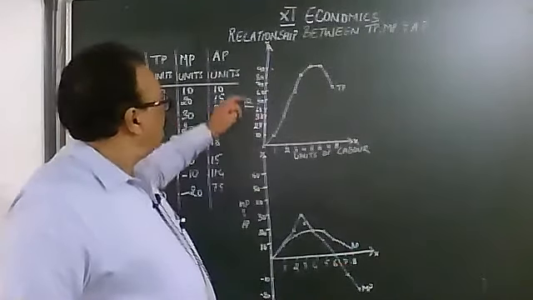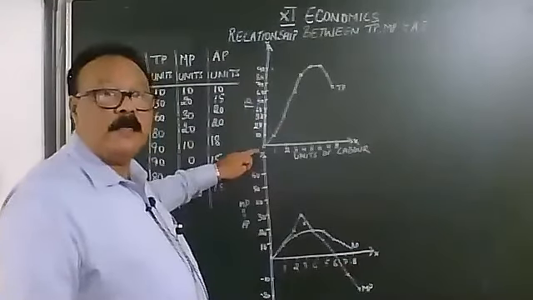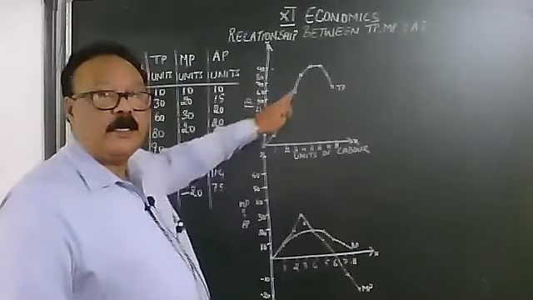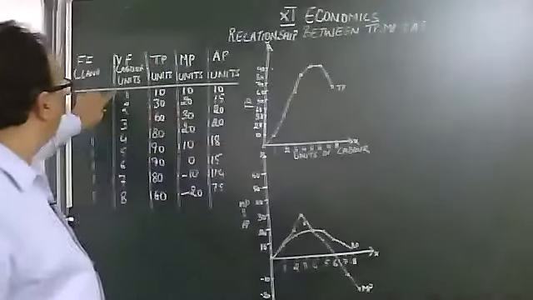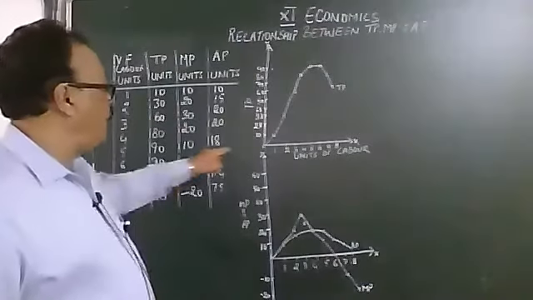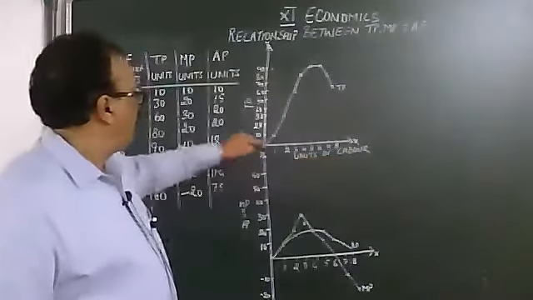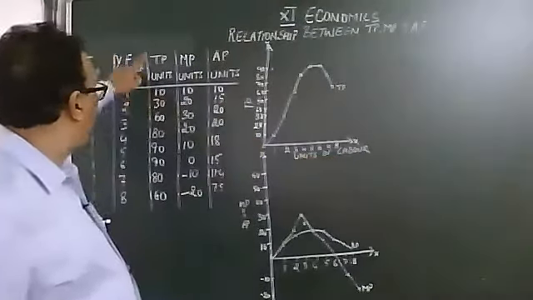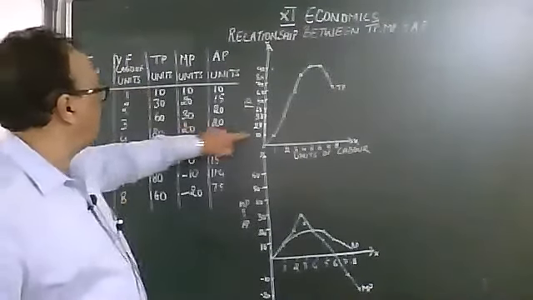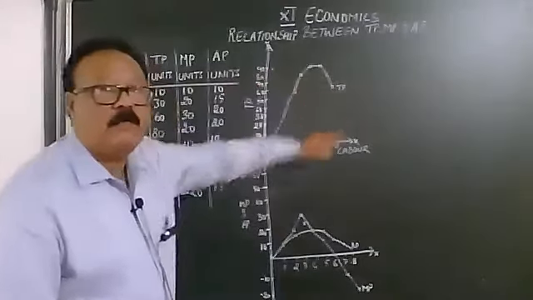And draw this diagram using your scale, pencil. This is the TP and it is drawn with the schedule given here. On the x-axis we have the units of labor 1 to 8. On the y-axis we have TP, maximum up to 90. Then you plot it and you get a TP curve.